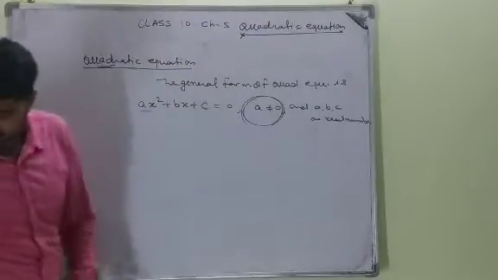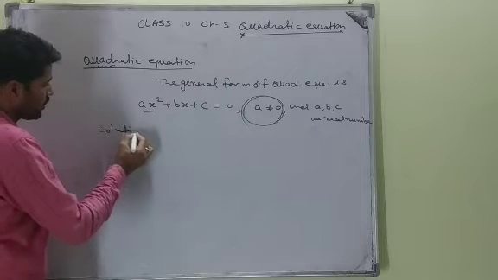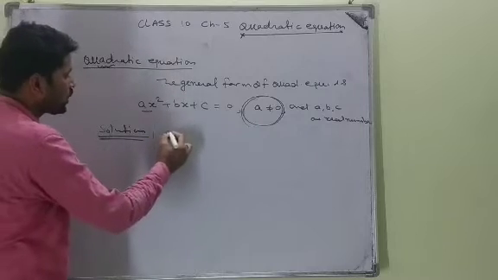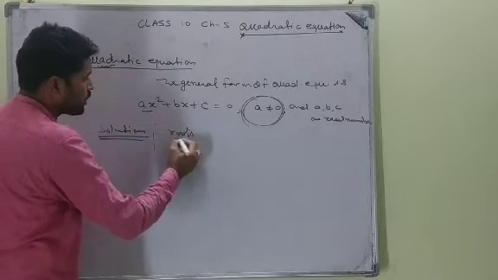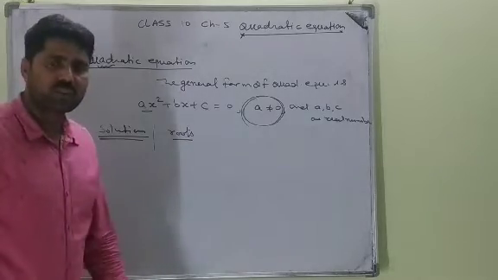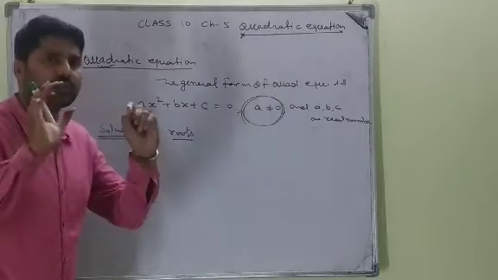After the definition, students, the solution. For the solution, we use the word roots. Roots is a general word used by mathematicians in most books in place of the answer, in place of the solution.